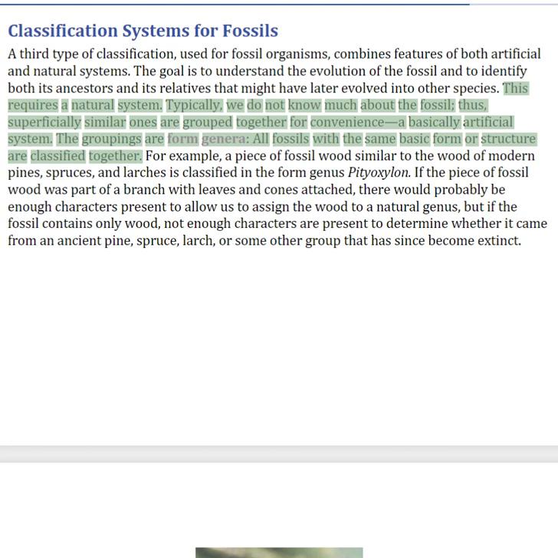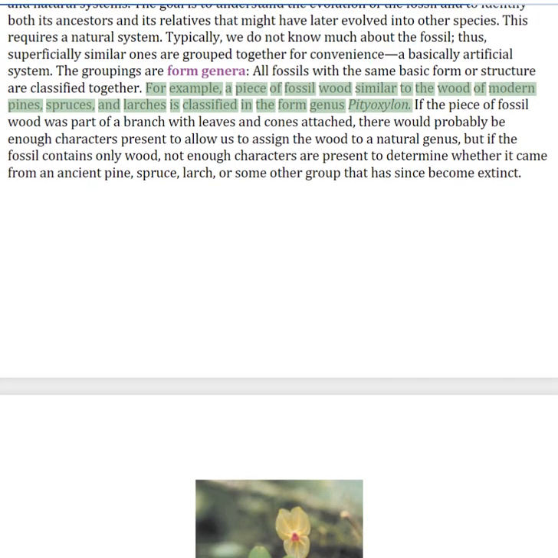Thus, superficially similar ones are grouped together for convenience, a basically artificial system. The groupings are form genera. All fossils with the same basic form or structure are classified together. For example, a piece of fossil wood similar to the wood of modern pines, spruces, and larches is classified in the form genus Ptyioxylon.